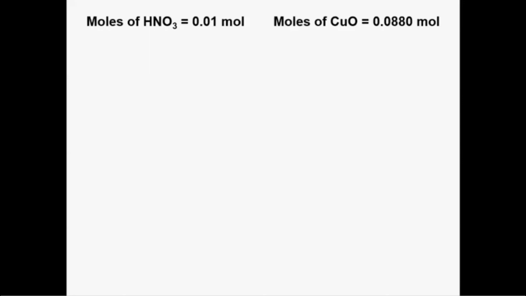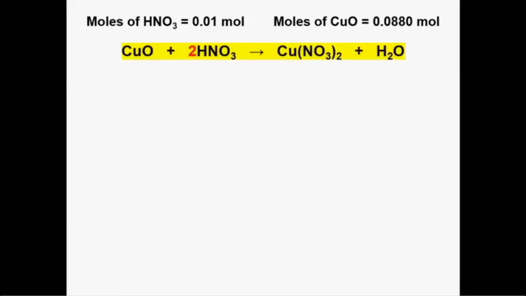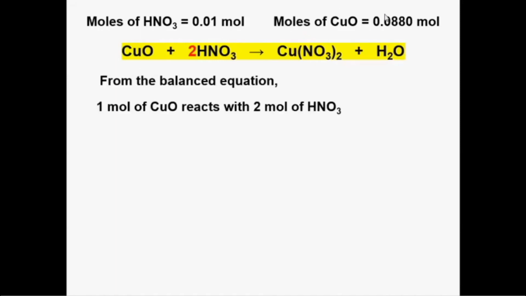Next, we are going to determine which one of these 2 will become the limiting reactant and which one is the excess reactant. Based on the balanced equation from what we did in question A, I'm going to start with copper 2 oxide. Actually, if you don't want to start with copper 2 oxide, you can also use nitric acid.